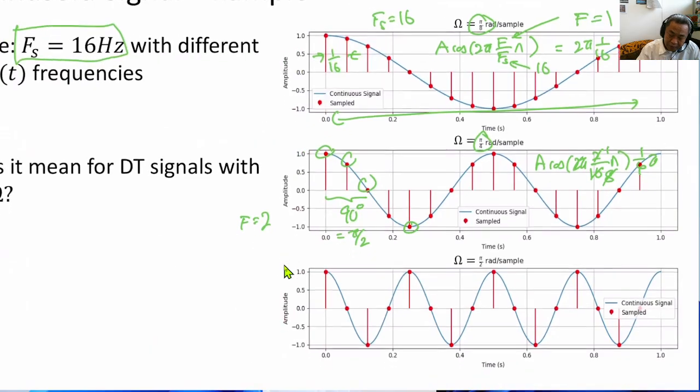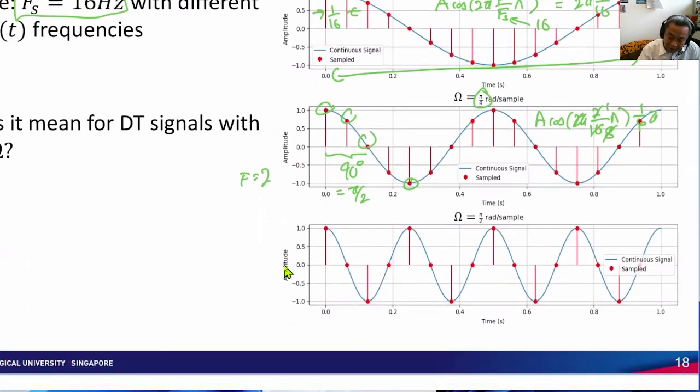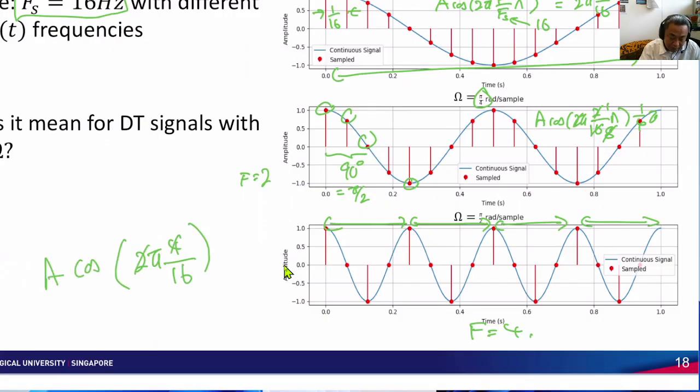Alright, so now here in this example, let's count 1 cycle, 2 cycle, 3 cycle, and 4 cycle. So F is equals to 4. So this is 2 pi 4 divided by fs. fs is still 16. And now we are getting pi by 2.